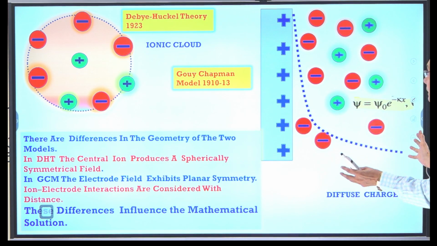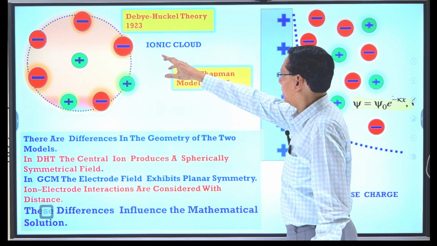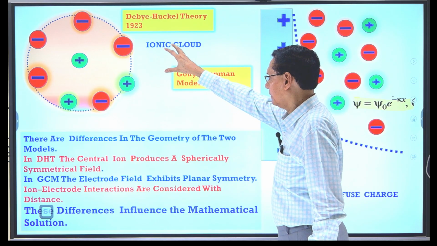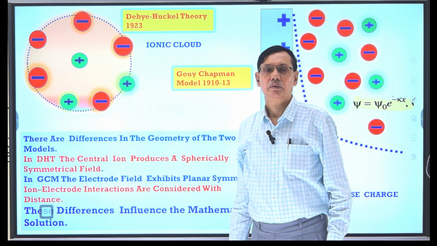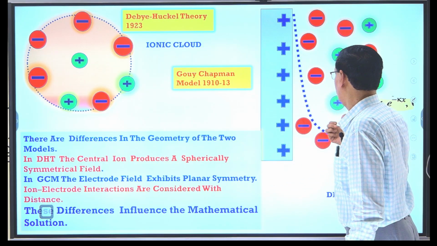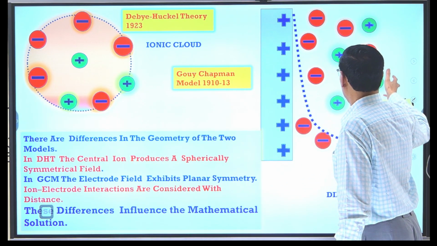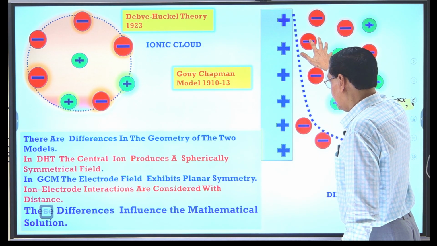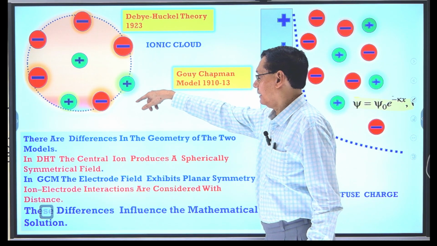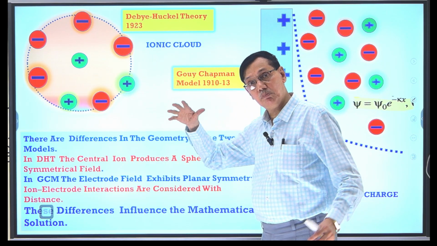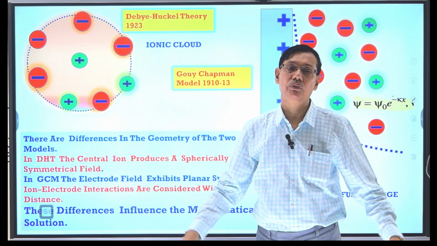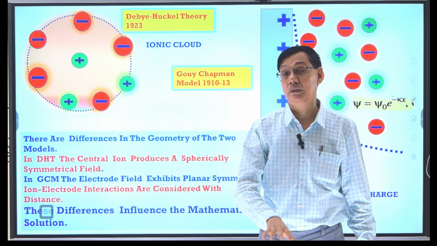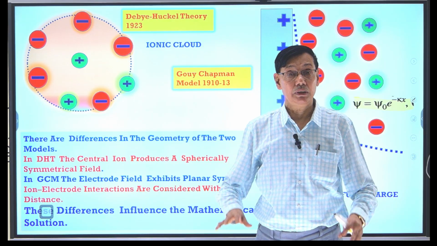But there is a relationship, because you know that there is a question of an ionic cloud here. The same thing, an ionic cloud is also there, but it is spherically symmetrical. In both cases, we will use the Poisson-Boltzmann equation, but if you are a mathematics student, you can understand, because the concept is different.